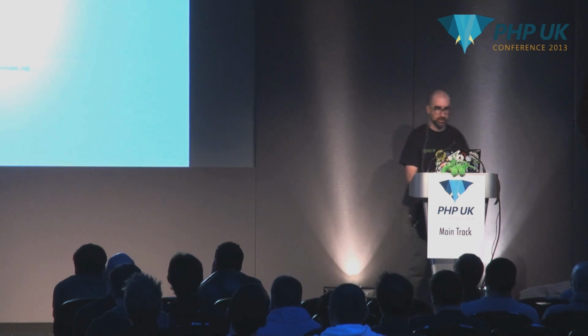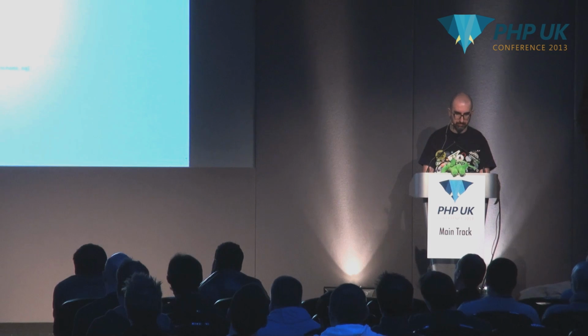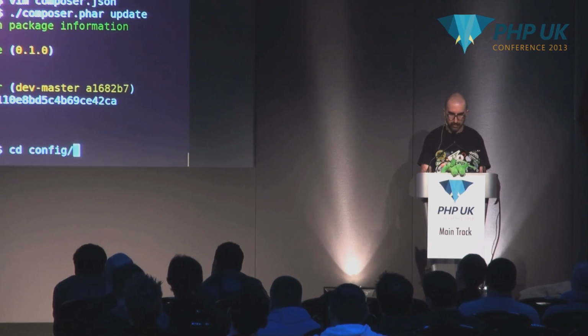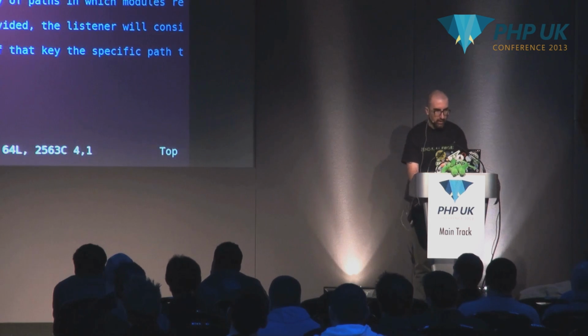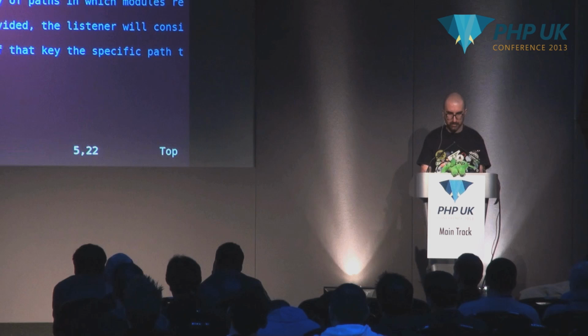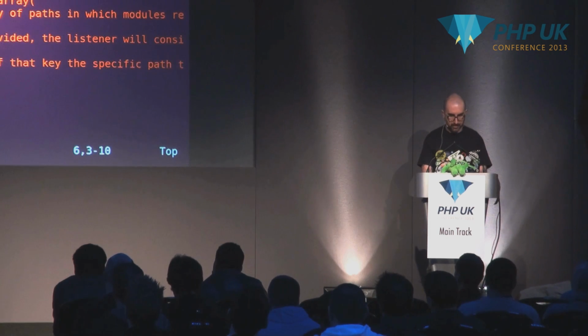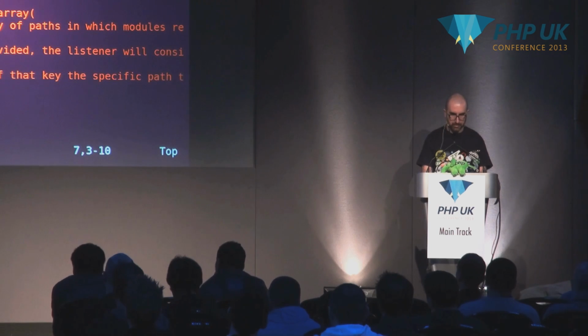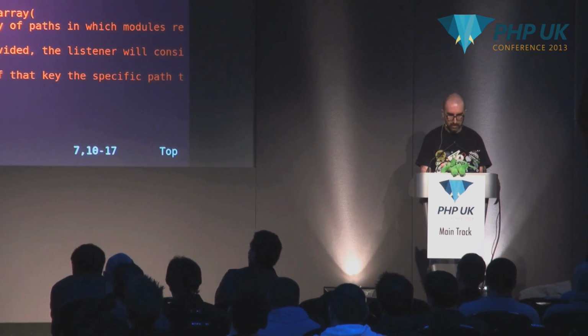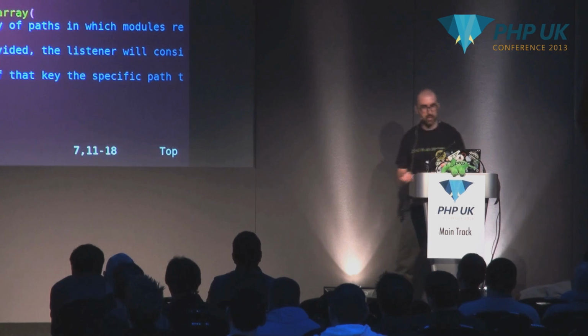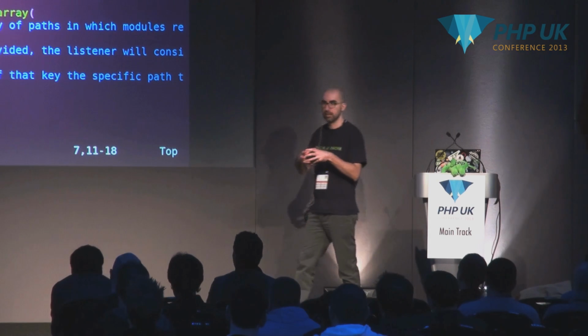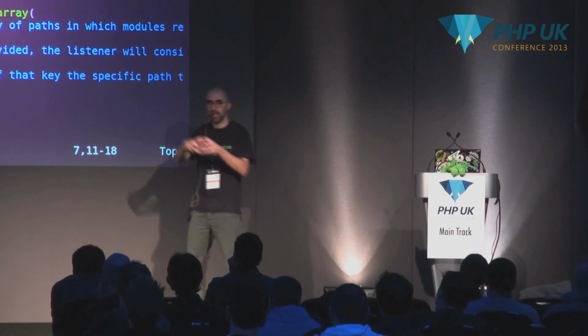Now we have to inform the application that we want to use that module. So we have to go inside application.config.php, the main configuration file. We have to add, in this case, two modules, ZFC base and ZFC user, because the real module that we are using is based on another module.